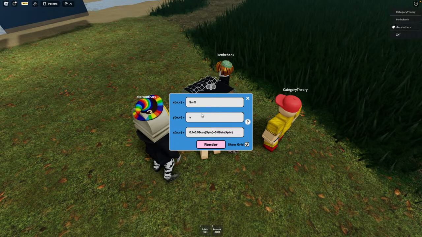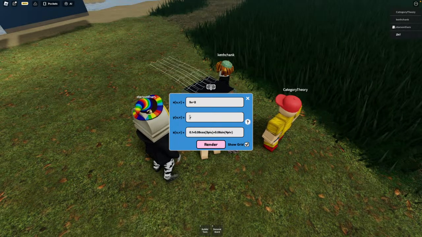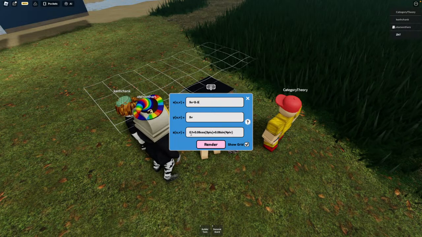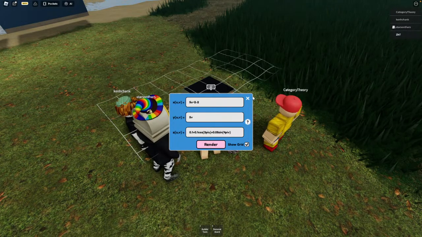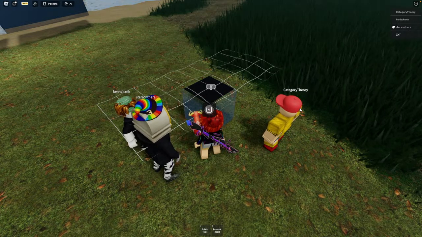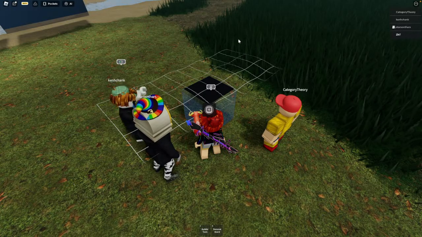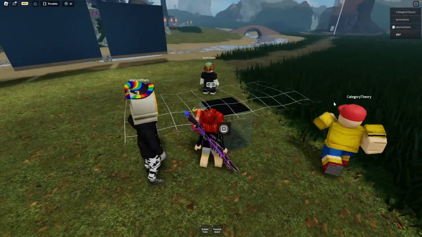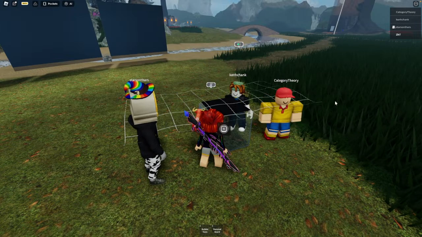So if you go 5U squared, oh wow. It kind of disappears off. No, we'll play with this later.